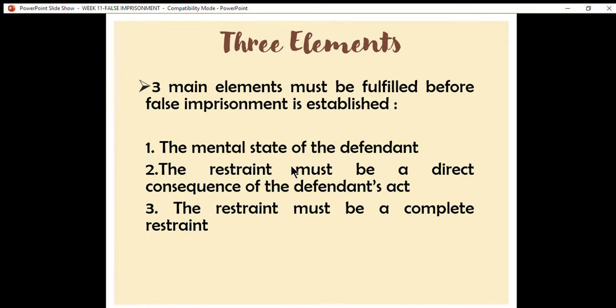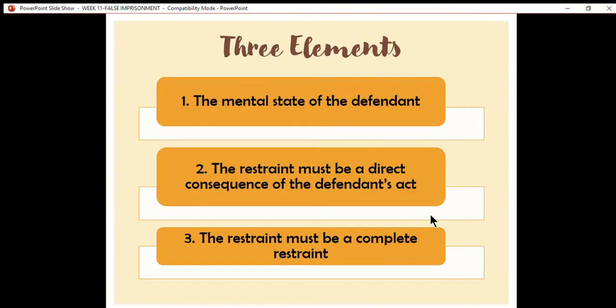Second, the restraint must be a direct consequence of the defendant's act, voluntarily done by the defendant. And third, the restraint must be a complete restraint, so there is no other reasonable way for the plaintiff to release himself. So here are the three elements.